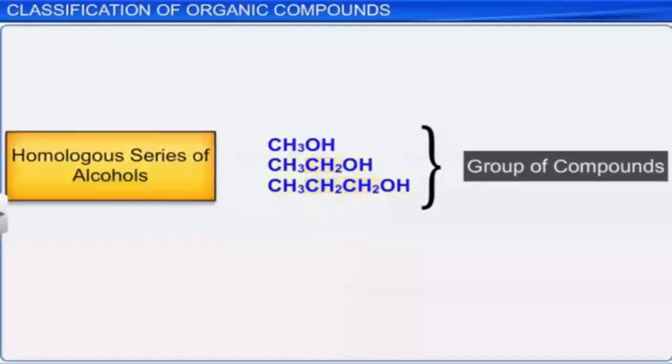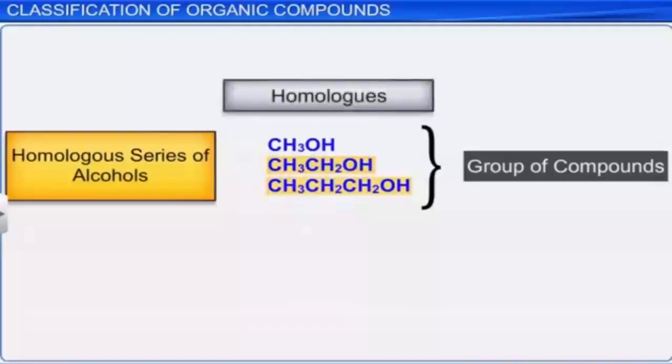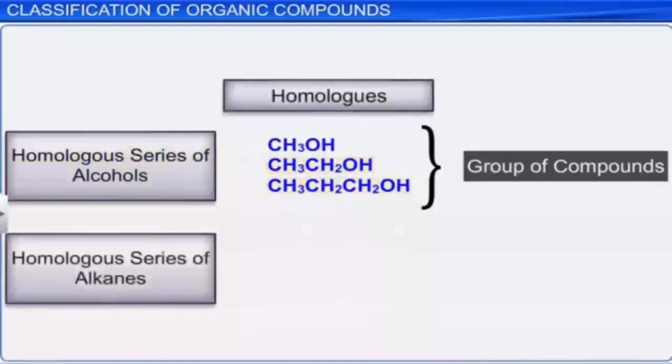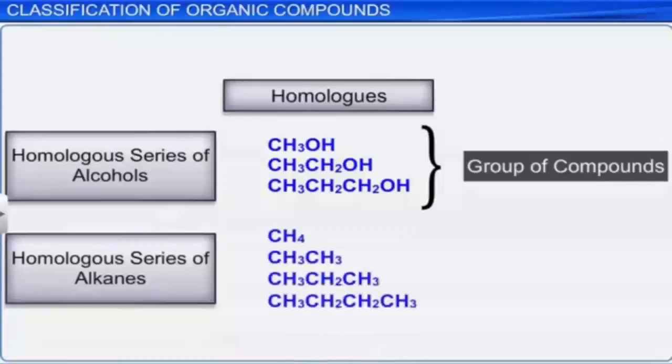The successive members of a homologous series are called homologs. For example, the homologous series of alkanes are methane, ethane, propane, butane, and so on. The successive members such as methane and ethane are called homologs.